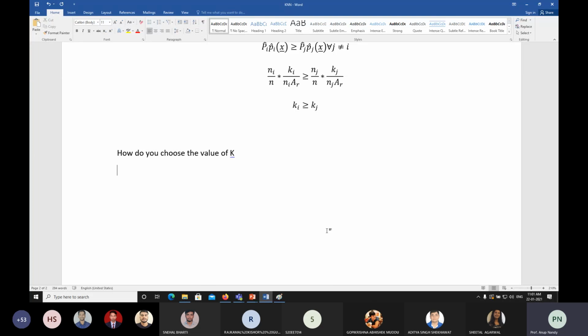One method is called the cross validation method. Have you ever heard the name cross validation method?